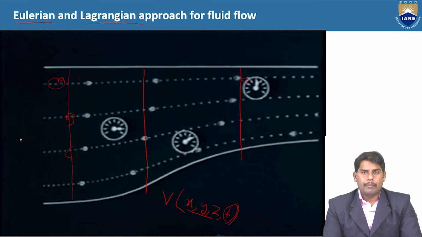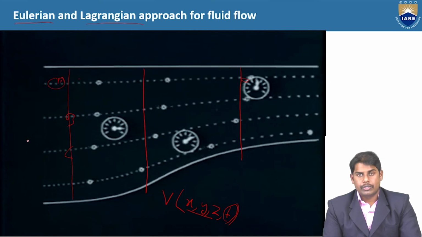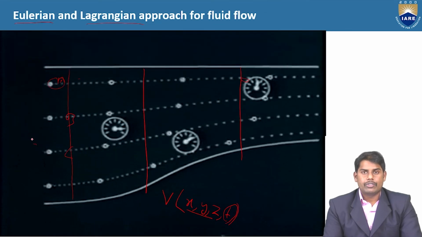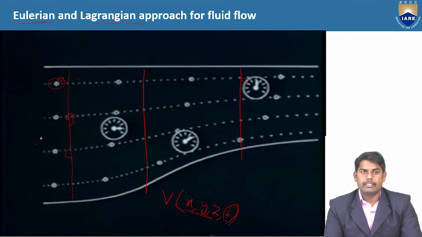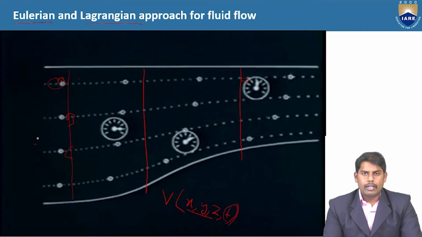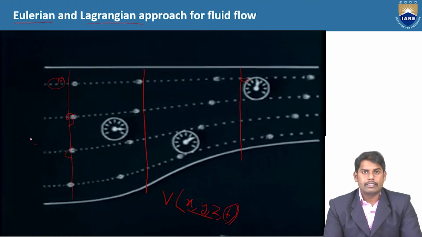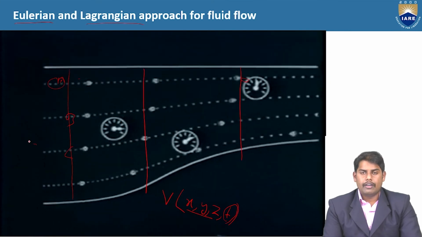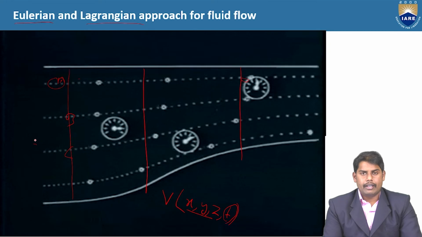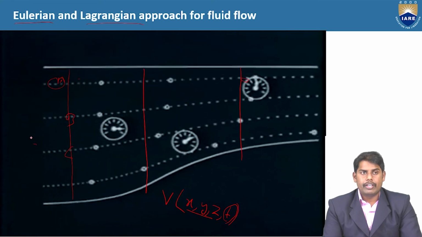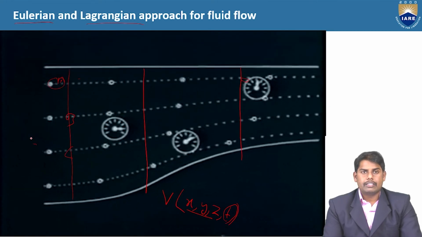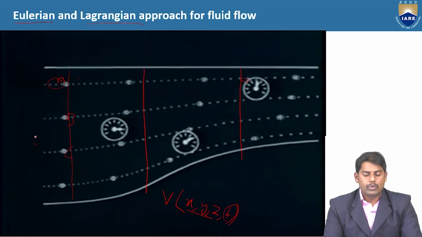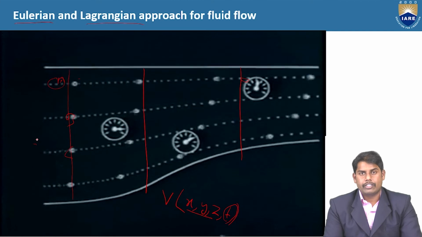This approach is used only at higher altitudes of the Earth's surface, where the density is low and you have fewer fluid particles, and in micro or nano fluid regions. Where the density is low and there are fewer fluid particles, you can use the Lagrangian approach.